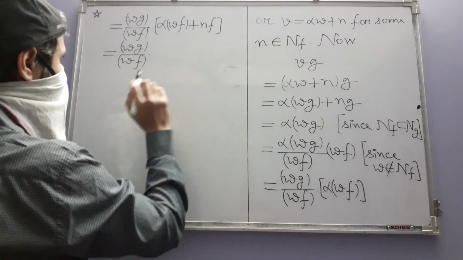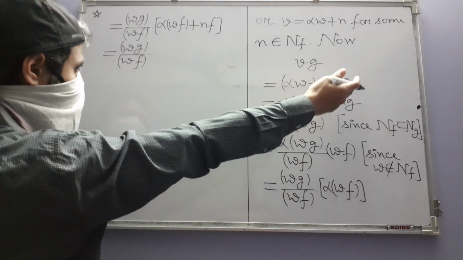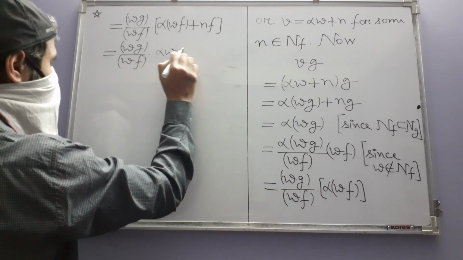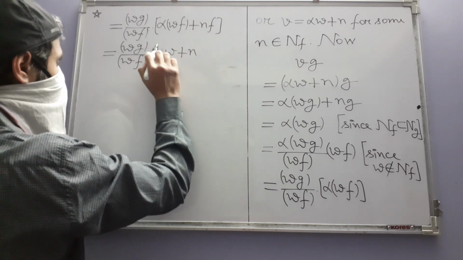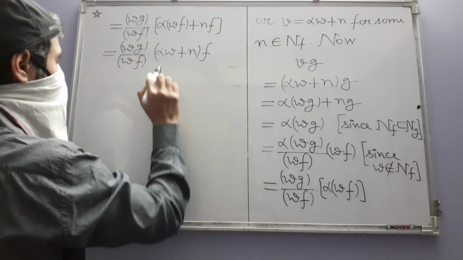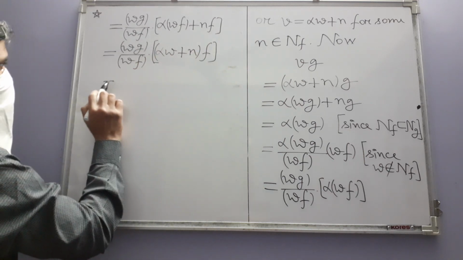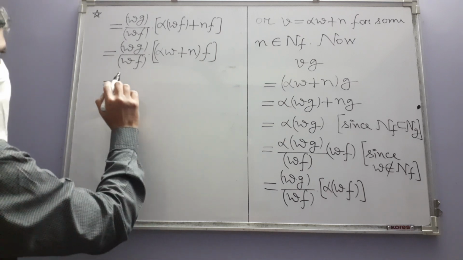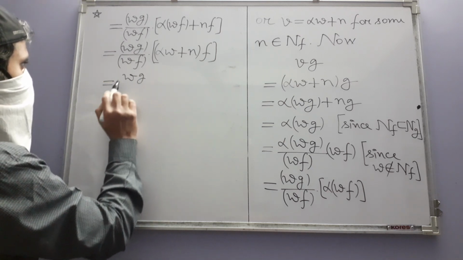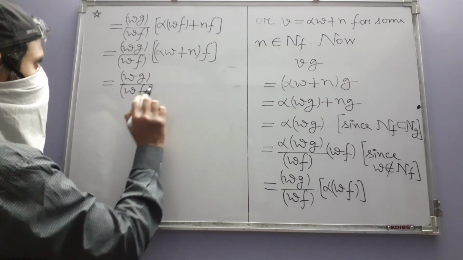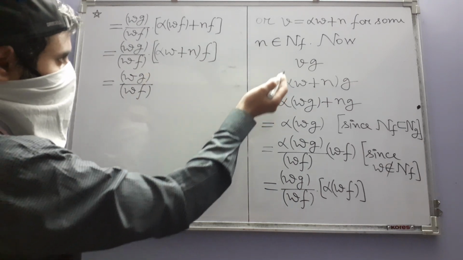And again, now you use the fact that just like here g is a linear transformation, so is f. That is w_g divided by w_f, but this is nothing but our v.